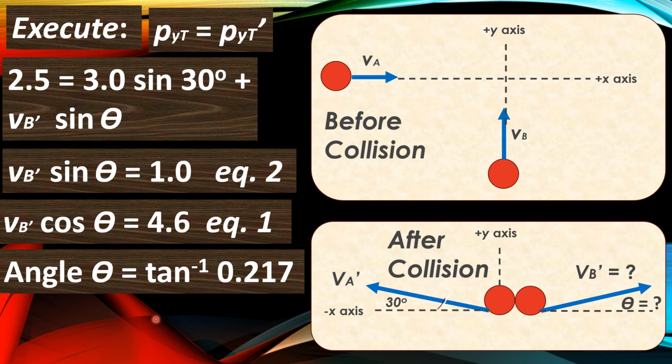That is, the angle theta is just equal to the arctangent of the ratio 1.0 divided by 4.6 or 0.217. So using your scientific calculator, we have the value of the angle theta equal to 12 degrees.